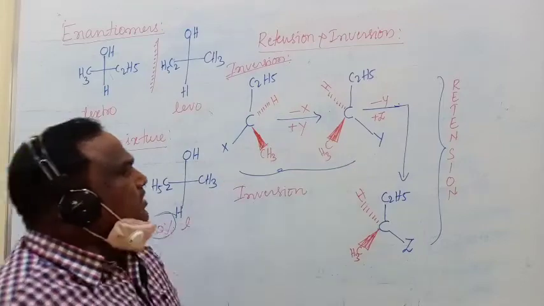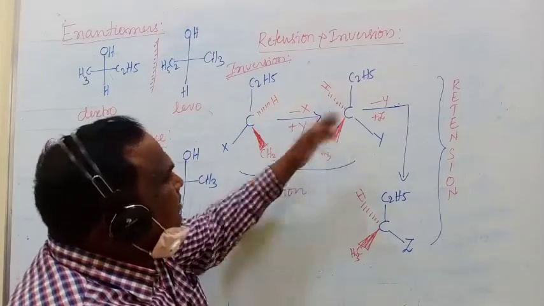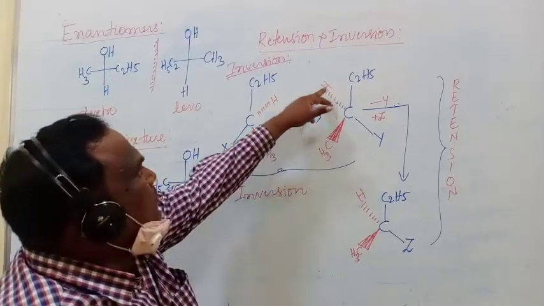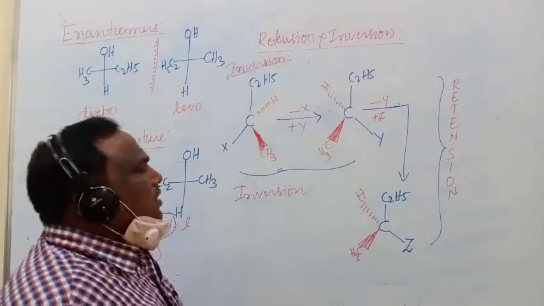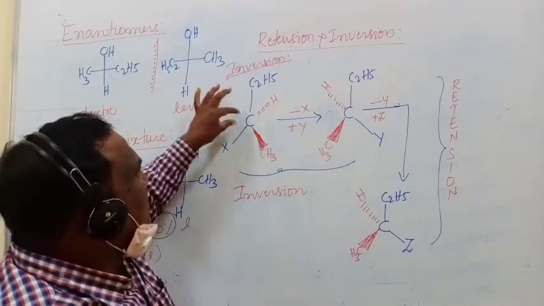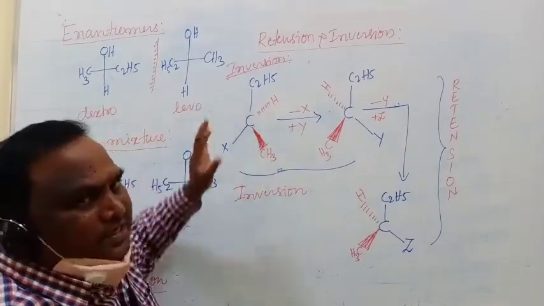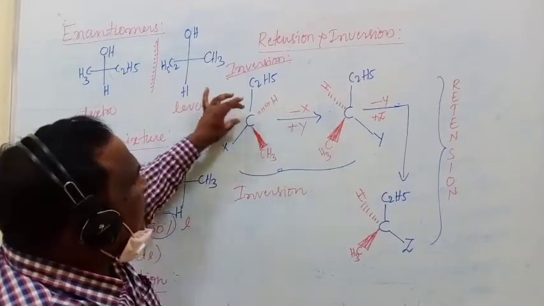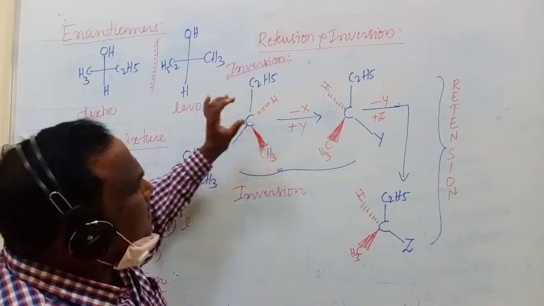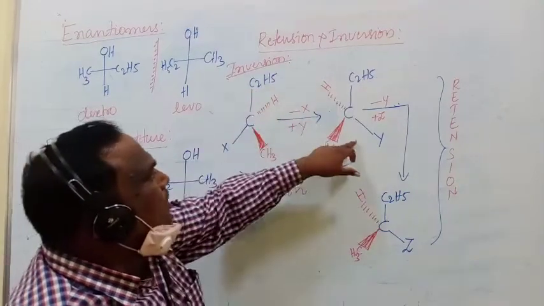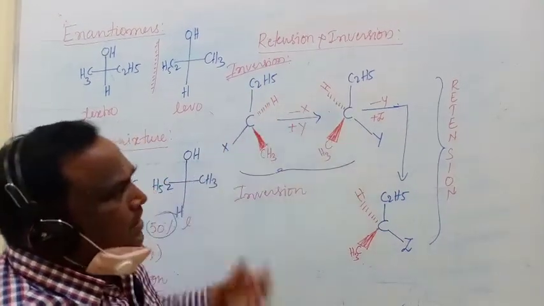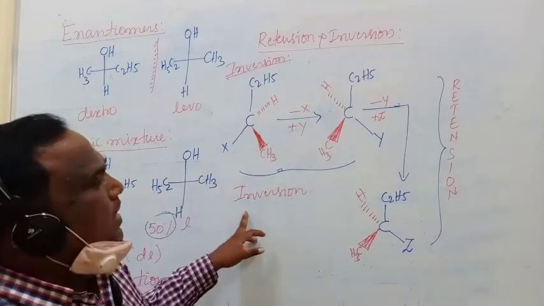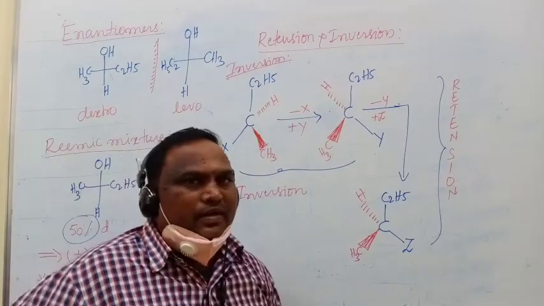After the chemical reaction, methyl has come back, and hydrogen has also come from front to back. So the configuration of this carbon has changed. In the reactant, hydrogen and methyl are on the front side; in the product, they are on the back side. So it is called inversion of the configuration.